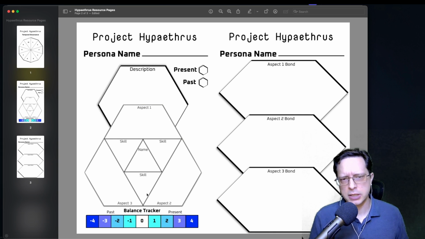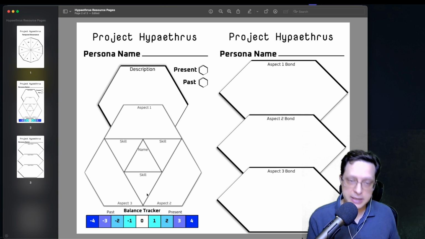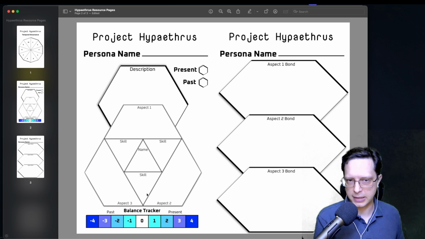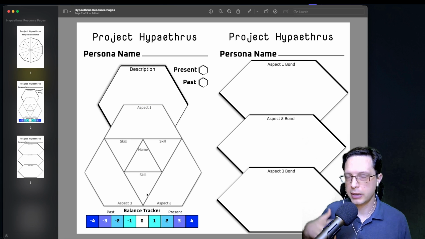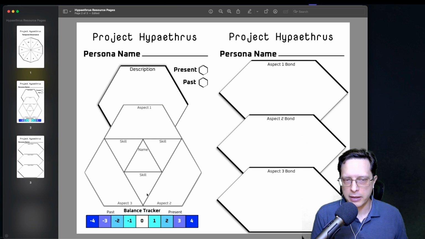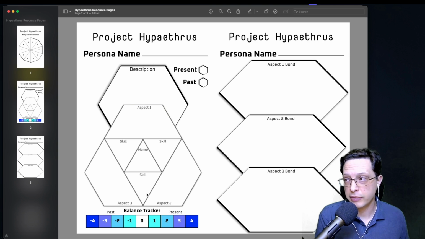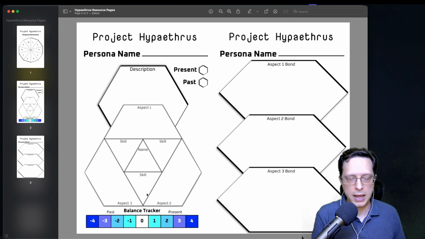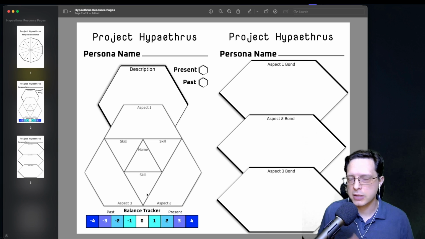I originally mentioned that one of the aspects of our character might be that they're a sailor. Well, what is a bond that character has due to their profession as a sailor? Maybe this is a person who was very formative in getting them their job, like a boatswain, or maybe a captain that they used to sail under.